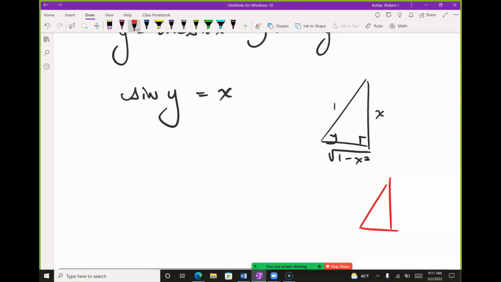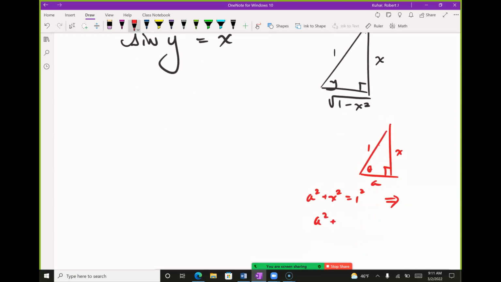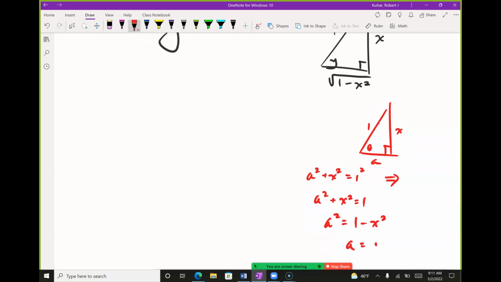If I have this right triangle, and the height is x and the hypotenuse is 1, I'll call the other side a, and I know that a squared plus x squared equals 1 squared, or a squared plus x squared equals 1. So a squared must be 1 minus x squared, and there it is. A is the square root of 1 minus x squared.